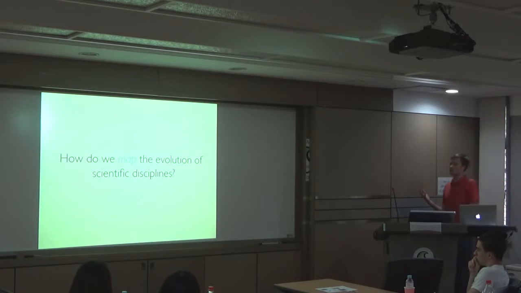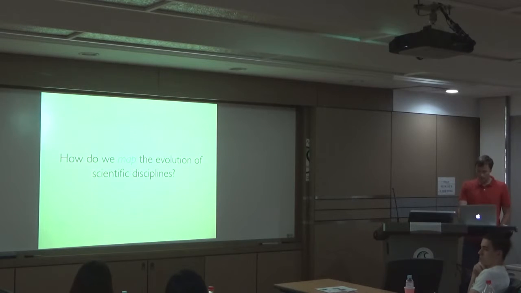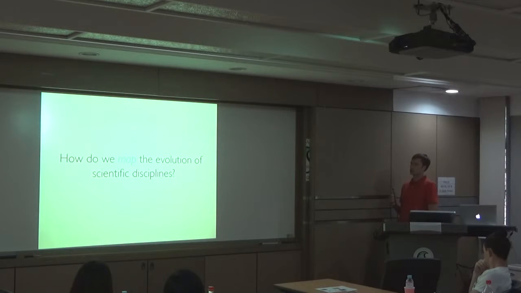But one of the more interesting questions for me, from a scholar's standpoint, is how do we map the evolution of ideas in science and scholarship over time? We have this great data set, probably one of the better curated data sets for research. I've spent years of my career putting it together, and it allows me to study these ideas over time.